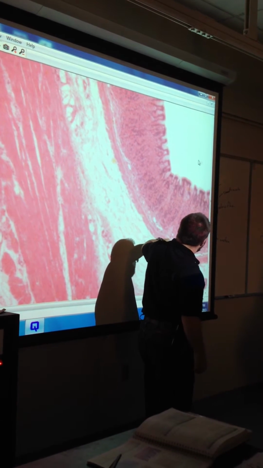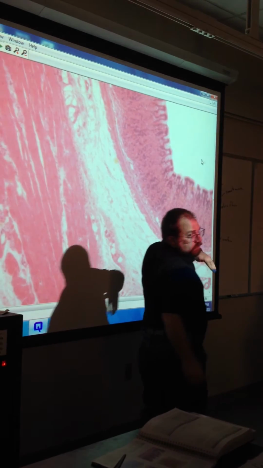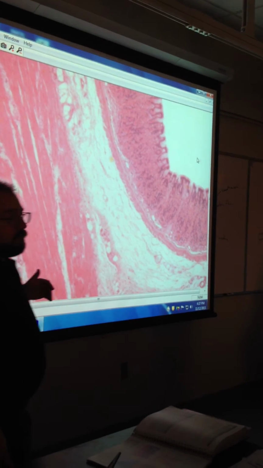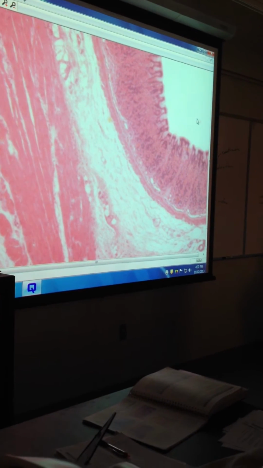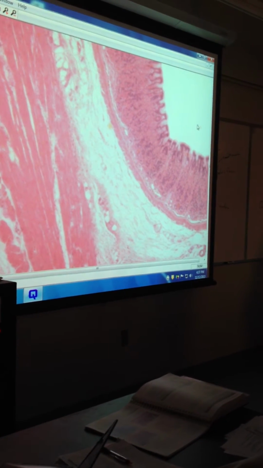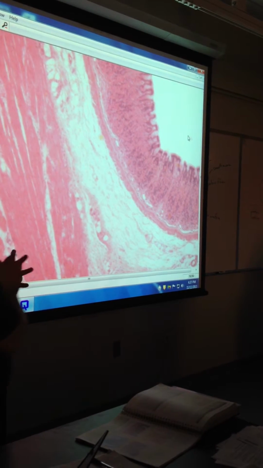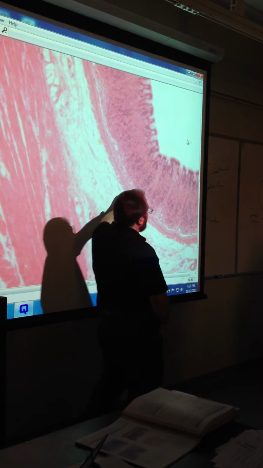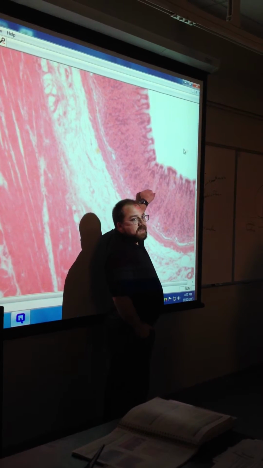What do we call the layer that includes everything from here up to the inner surface? That includes the epithelium, lamina propria, and, yes, it's called the mucosa. You can't really see a distinct lamina propria in here, but it's all that space between the epithelial cells.